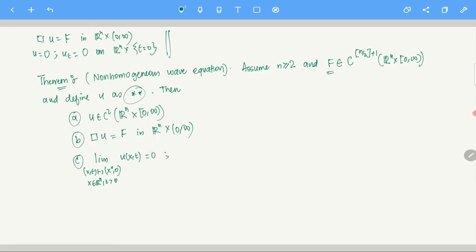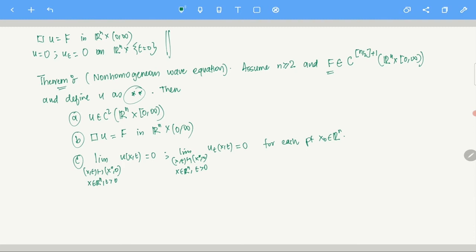Okay, limit again same thing, (x,t) going to (x naught, 0), x in Rn, t positive, Ut of (x,t), that is 0, for each point x naught in Rn. Clear? Okay. So this is the theorem which I have.